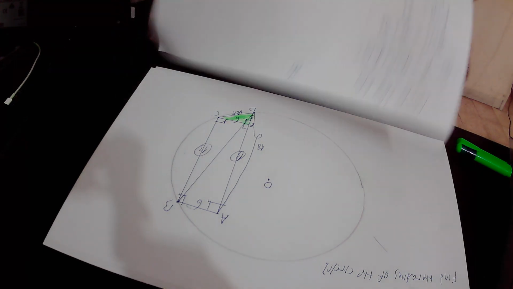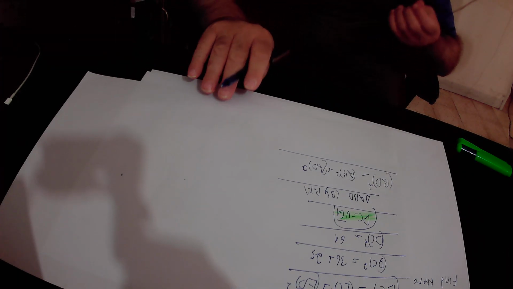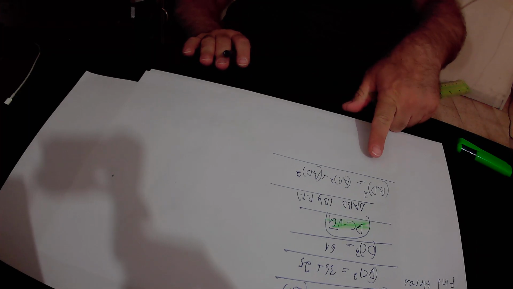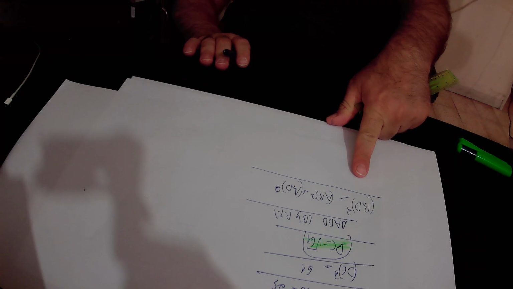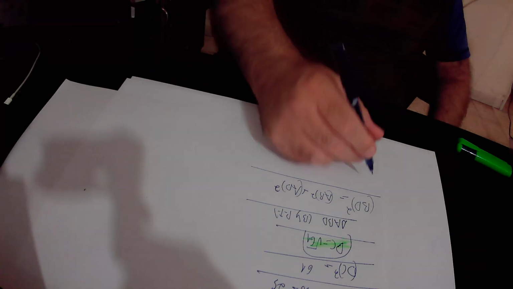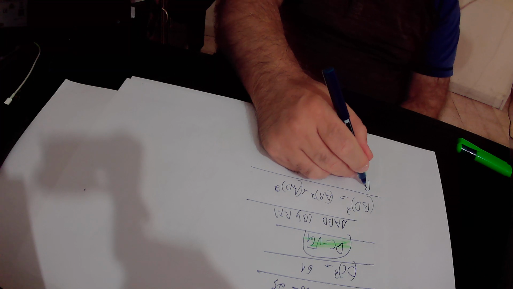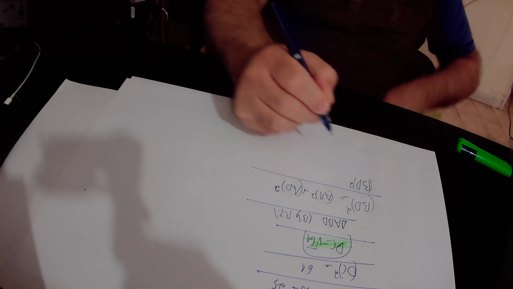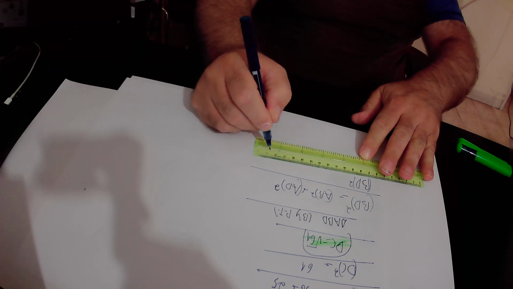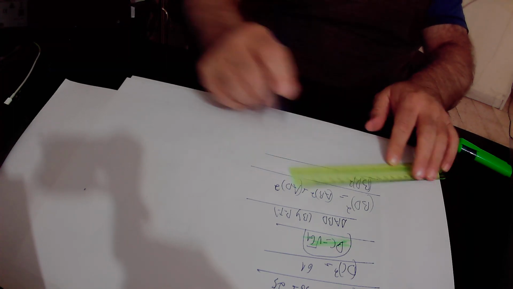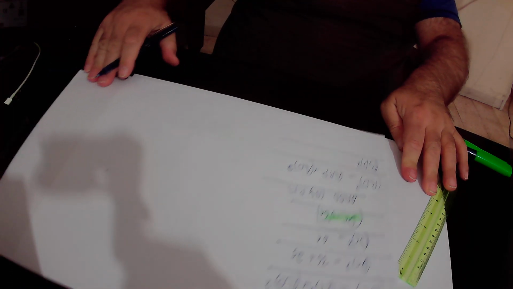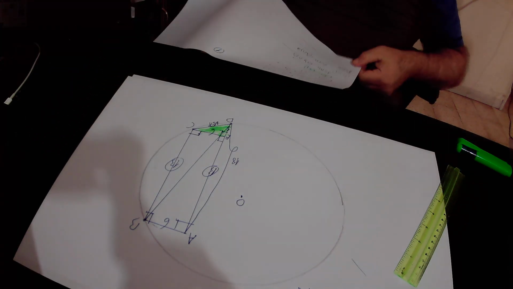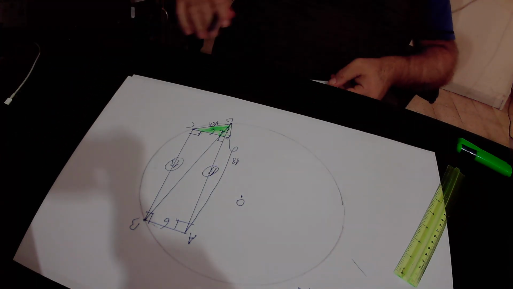So we actually found out that according to the Pythagoras theorem, in the right big triangle ABD, BD squared equals AB squared plus AD squared. So BD squared, that is the square of the hypotenuse, equals AB squared.